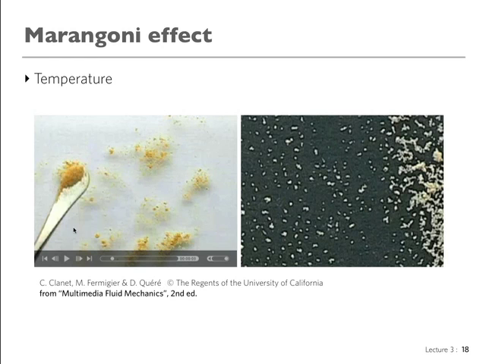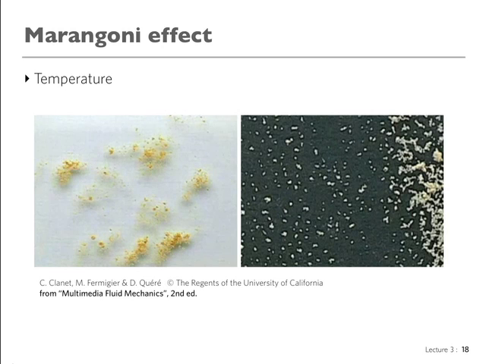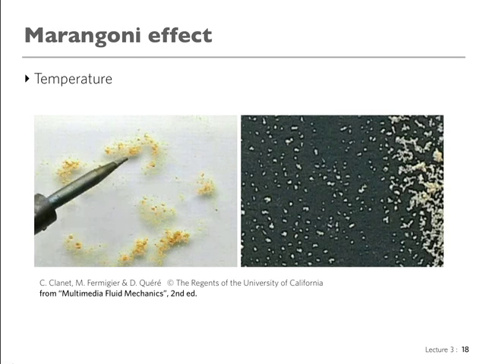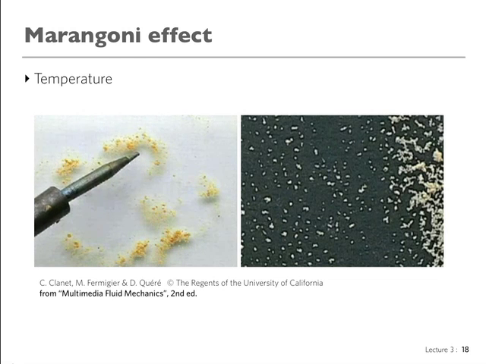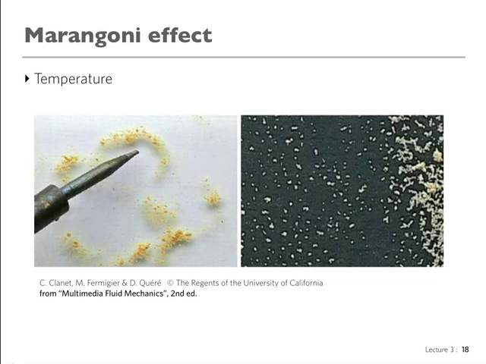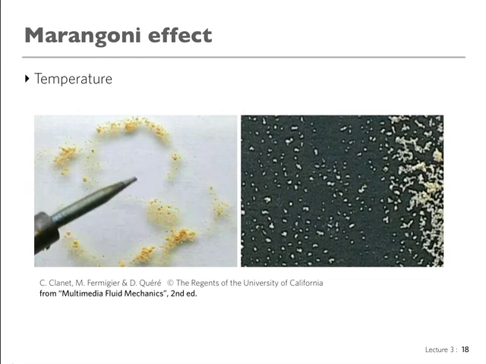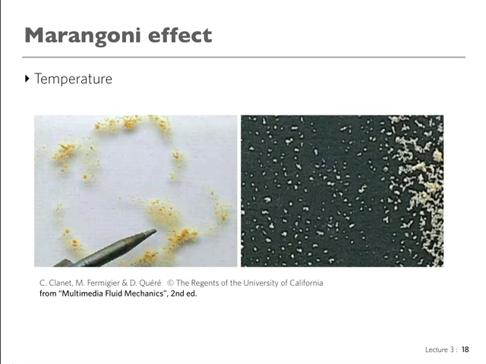Because it heats locally, that should decrease the surface tension, and then you're going to see a motion which is due to that surface tension gradient. Okay, look at it. In the video, you see a soldering iron there, and there's an outward motion from the hot spot.